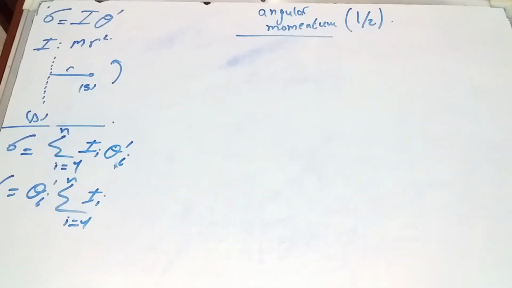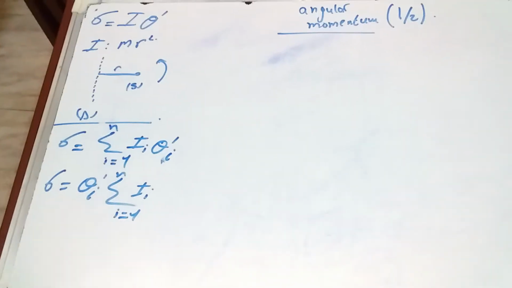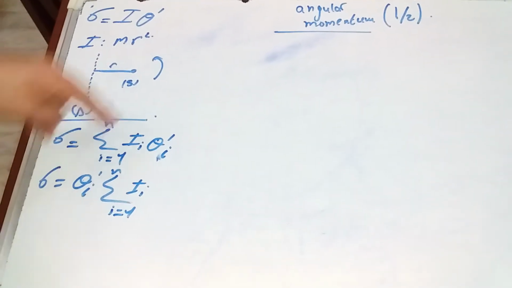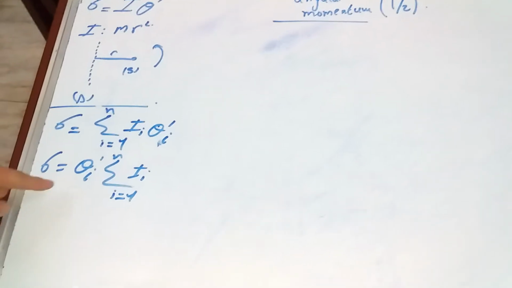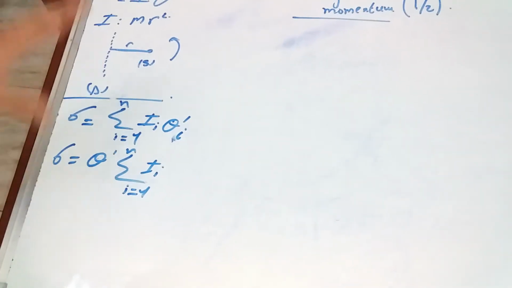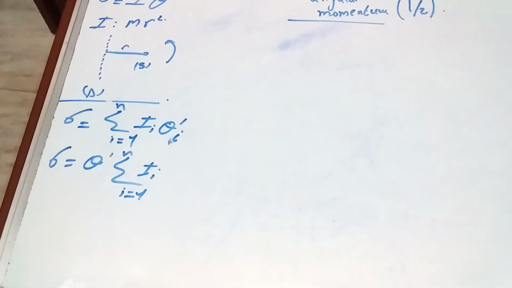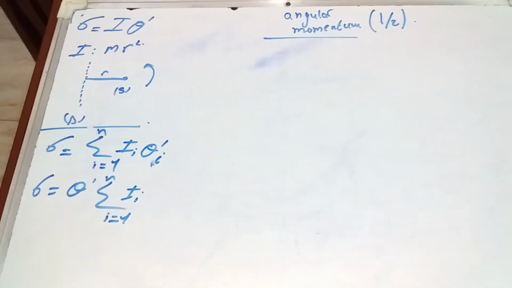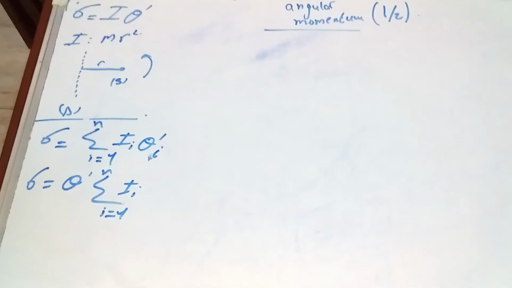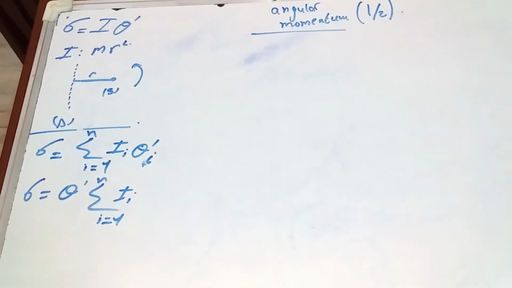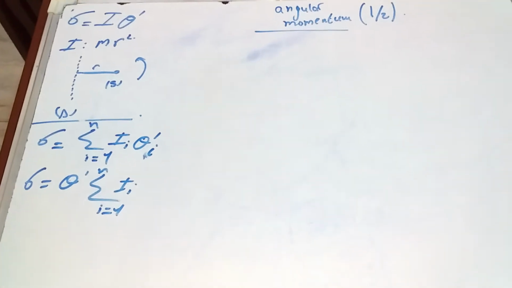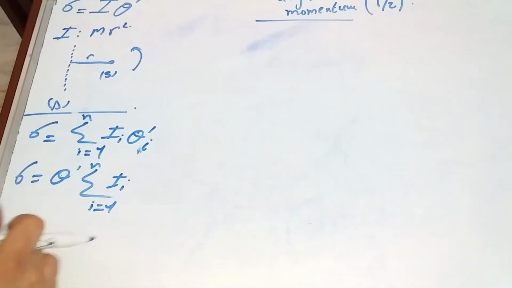As we said, because all particles have the same angular speed, we can take theta prime out of the summation as a factor common for all particles, and we still have I right here. But the summation of the inertia of each particle from I equal to 1 till n gives the I total of the system.